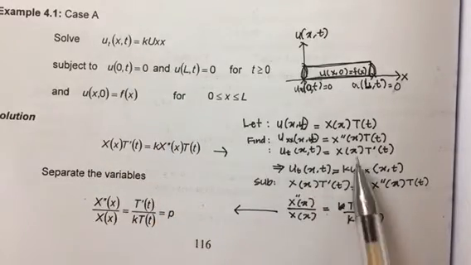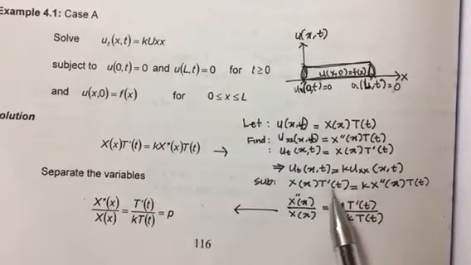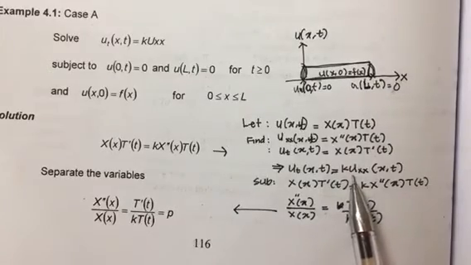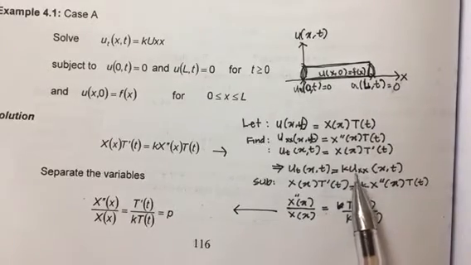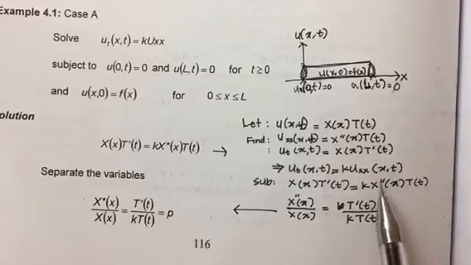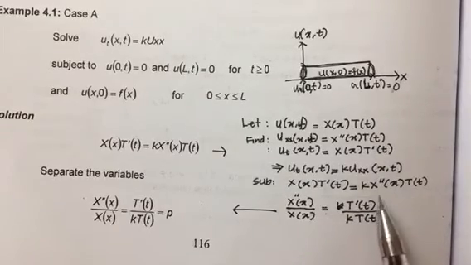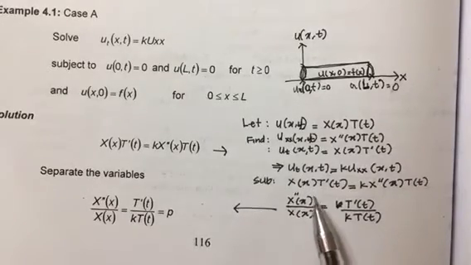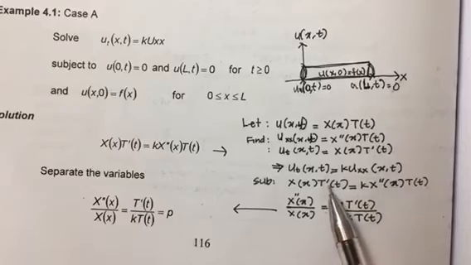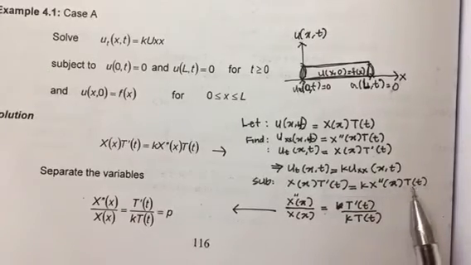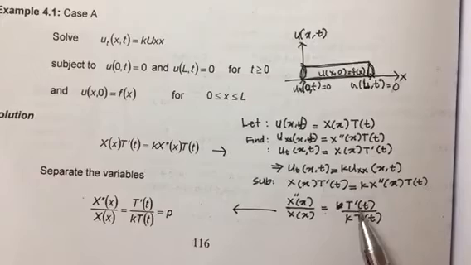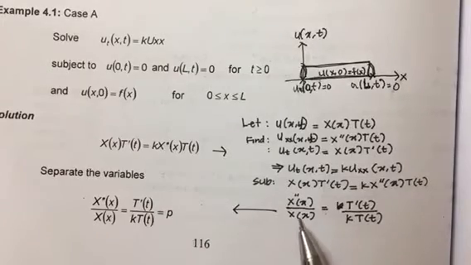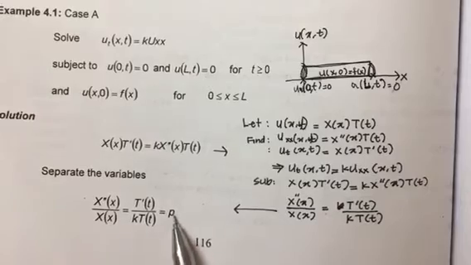We get X T prime equal to k u_xx, u_xx replaced by X double prime T. Okay, and then divide. X double prime divided by X, so we get this one, T prime divided by kT, so we get T prime over kT. Okay, so this equation we equate to rho.